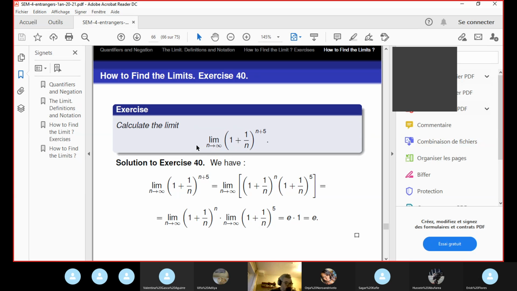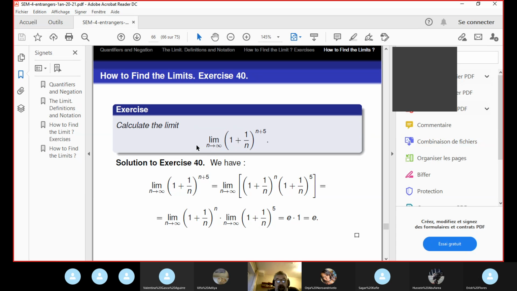Here, I hope you know this already. So we will make use of the limit theorem. How to use this theorem?